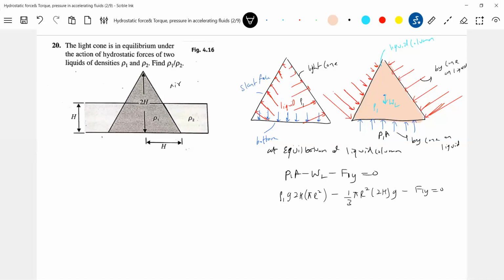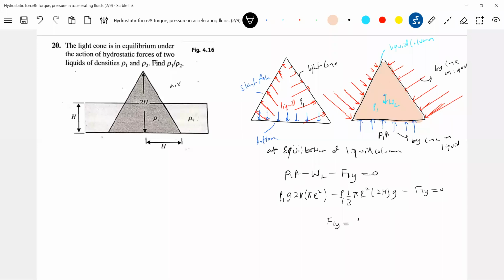Density is missing, I'll write it here: rho 1. Okay, look at this, all the simplification. 2, 3, how much will we get? Four by 3.